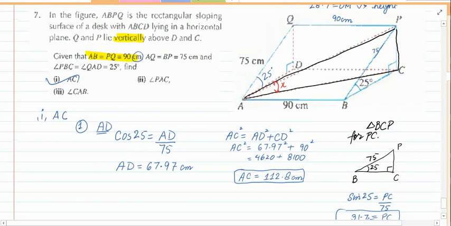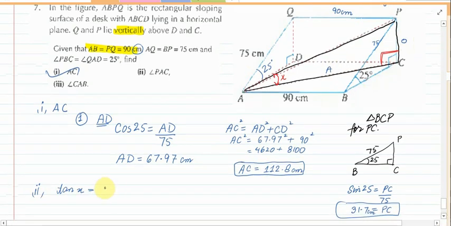Now, if you consider the triangle, we have the value of PC, we have the value of AC, and at this point C, it's a right angle triangle, right? So basically we have the value of opposite, we have the value of adjacent. So for part 2 we need to use tan, angle is X, opposite the value of PC is 31.7 and the value of AC is 112.8.